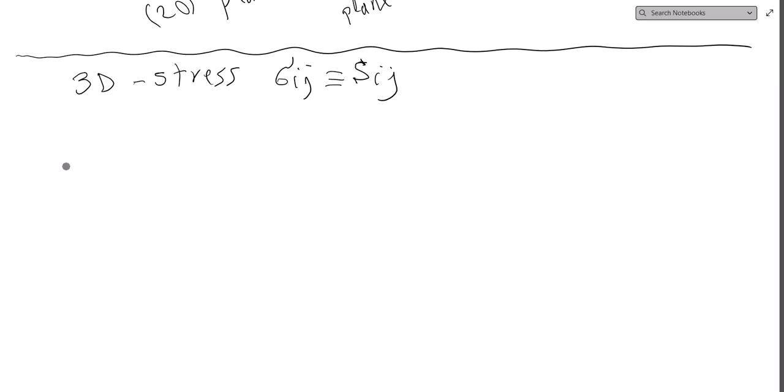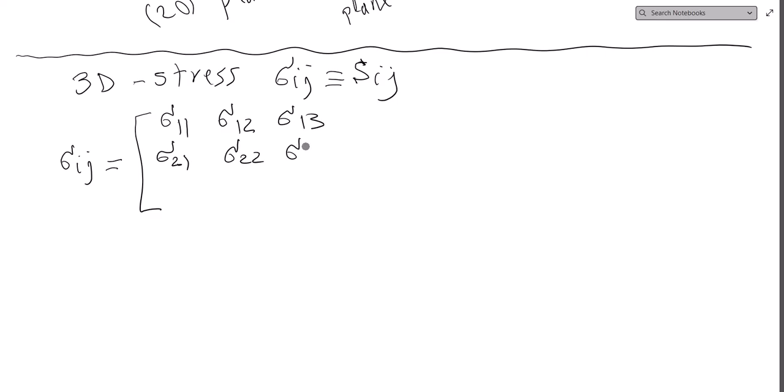Now, when we have 3D, we are dealing with a matrix of 9 components: sigma 1,1, sigma 1,2, sigma 1,3, sigma 2,1, sigma 2,2, sigma 2,3, and sigma 3,1, sigma 3,2, and sigma 3,3.